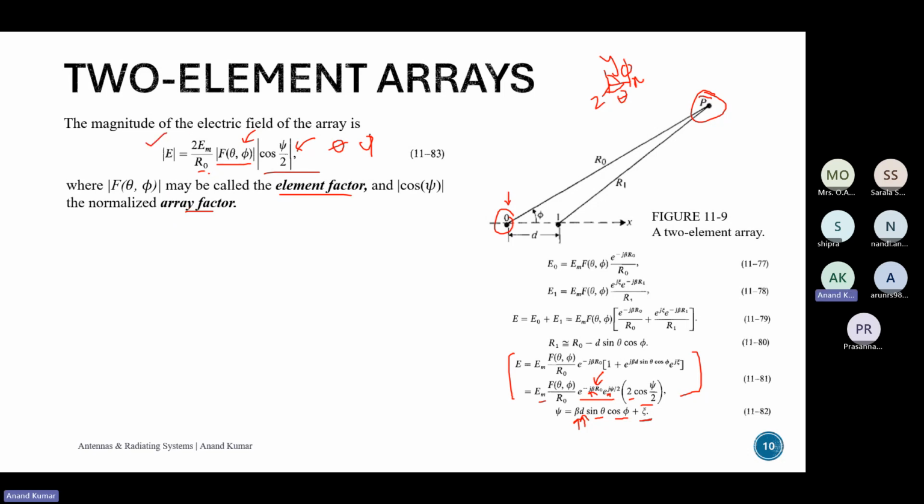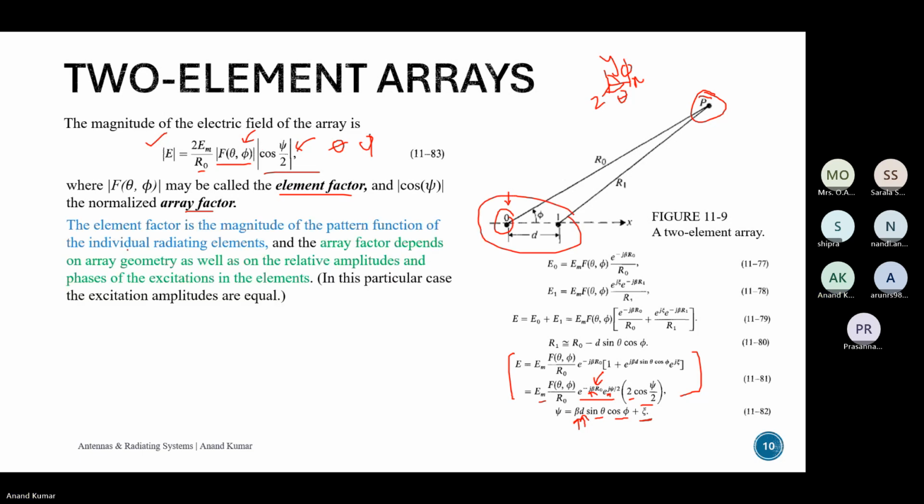Okay, so we have now written the electric field expression due to this array arrangement over here. So the element factor is the magnitude of the pattern function of the individual radiating elements. That's the element factor, and the array factor depends on the geometry as well as the excitation.